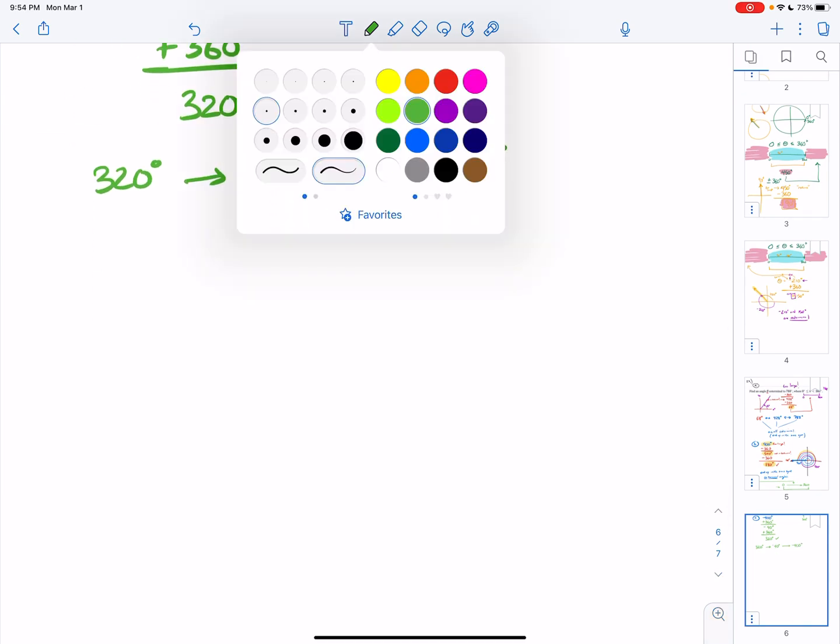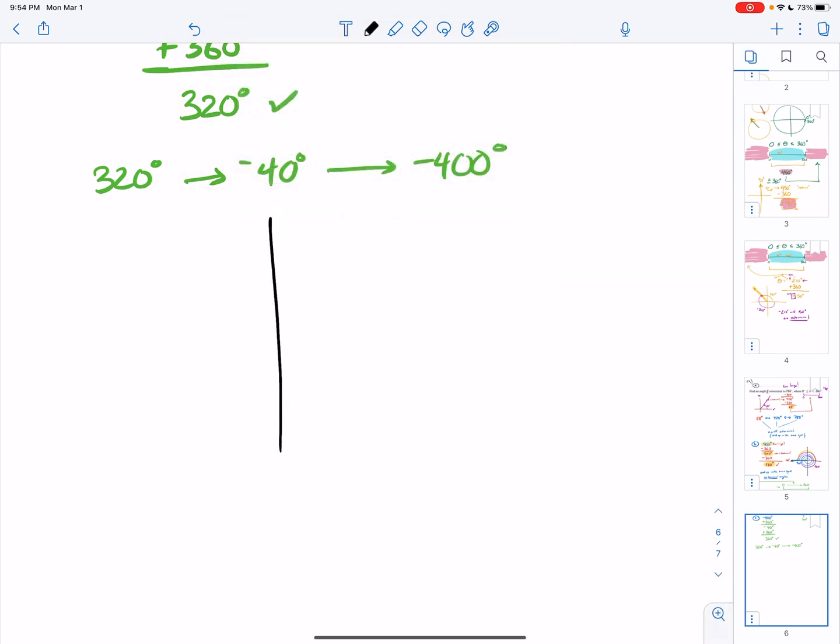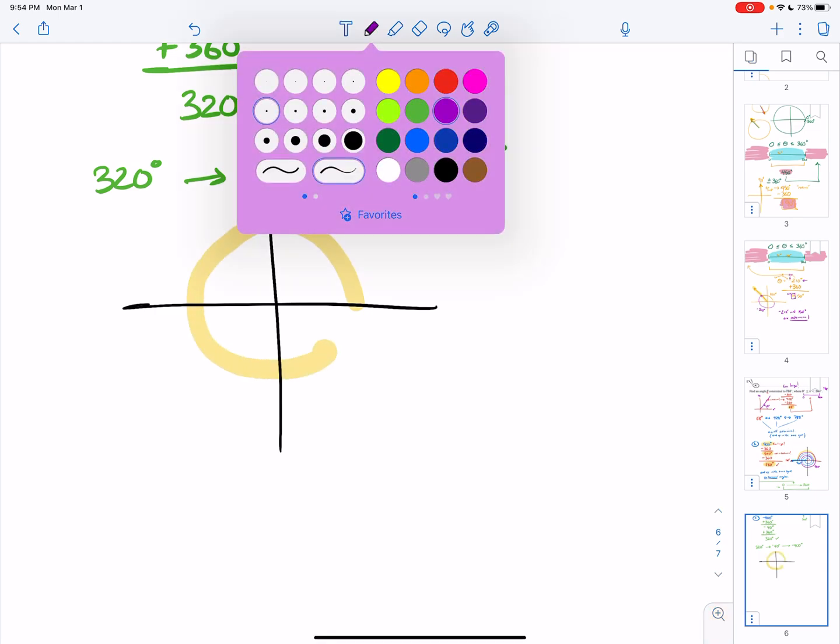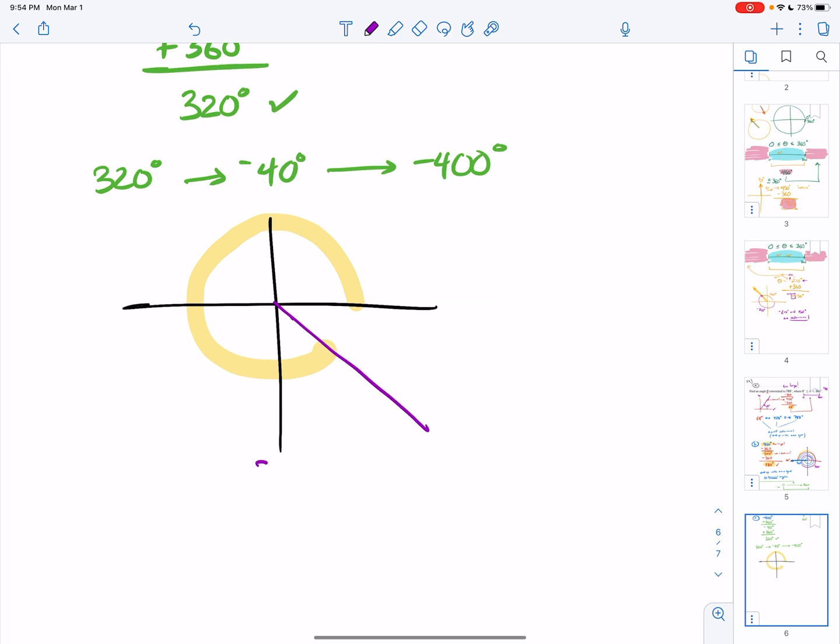And I'll draw this here just so you can see it. 320 is somewhere right here in the fourth quadrant, because I know that this is 270. So 320 is somewhere in between 270 and 360.